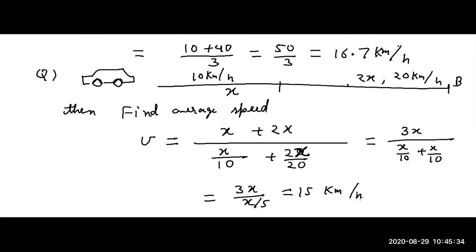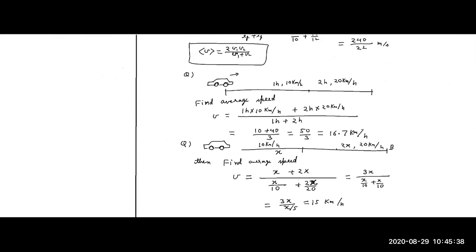So you can see in the above two examples how to solve it. In the first one, when time is given, you can directly write the formula T1 V1 plus T2 V2 divided by T1 plus T2.